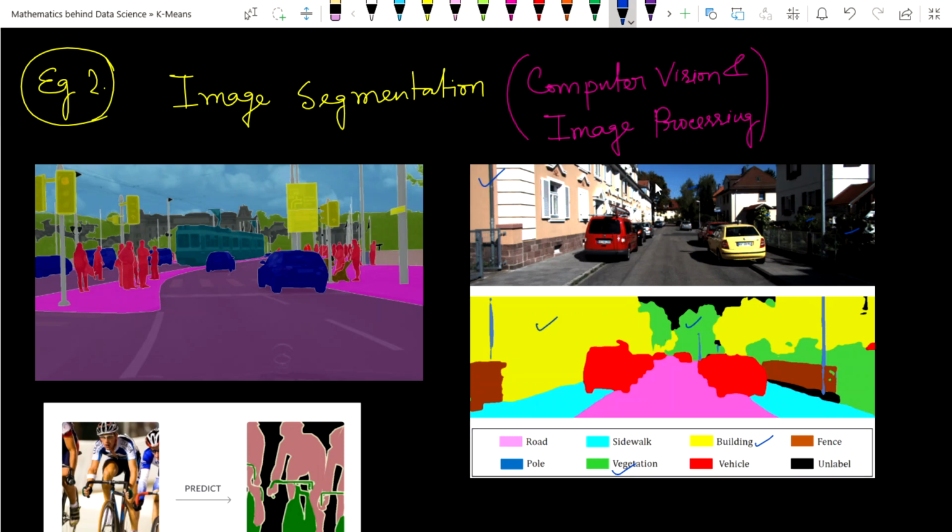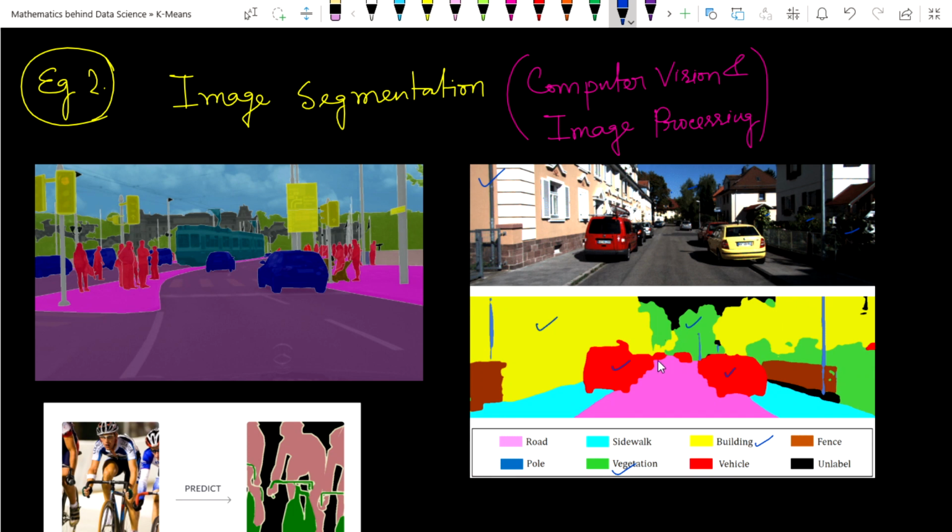Through this green color, the image segmentation technique has grouped these things simply by coloring them green. The green color denotes vegetation, meaning trees.